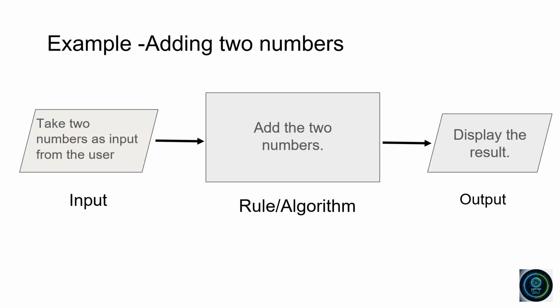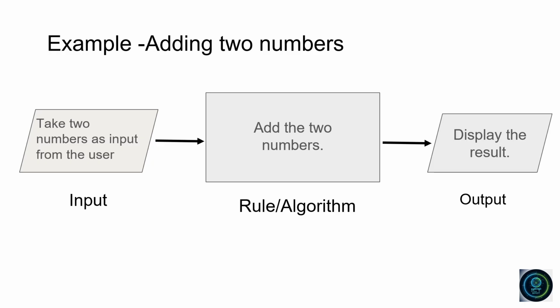Then let's take an example. Consider adding two numbers. The same diagram I have replaced with suitable phrases. Here the input is: take two numbers as input from the user. Regarding this incident, adding two numbers, we have to take two numbers from the user.